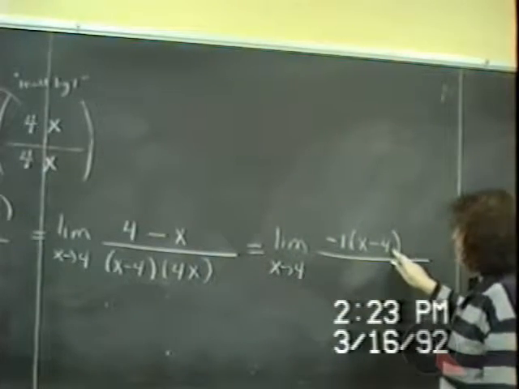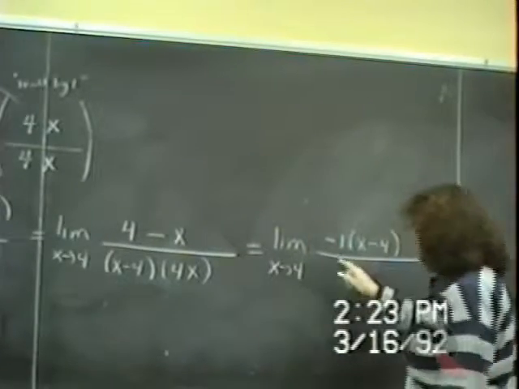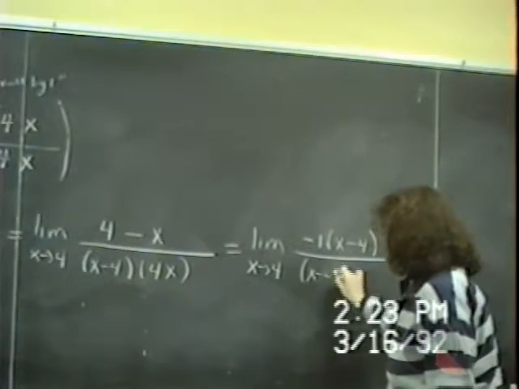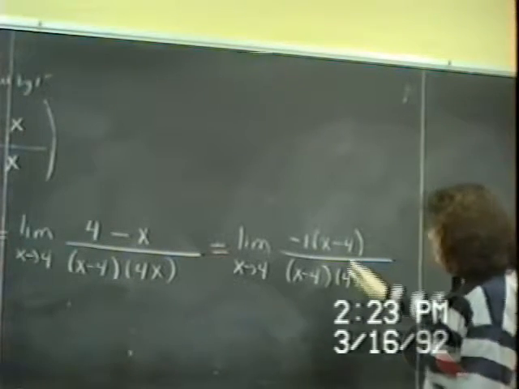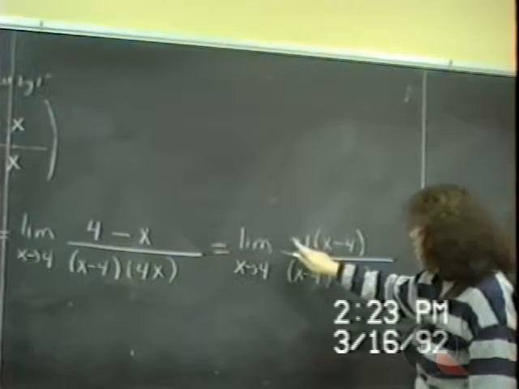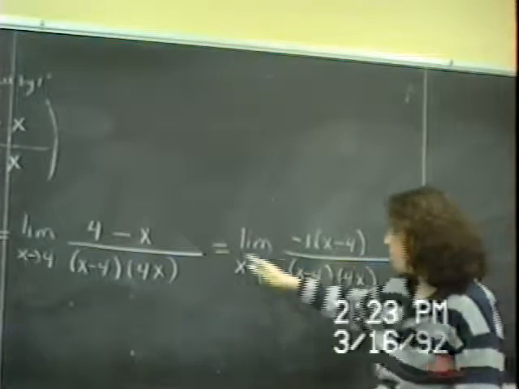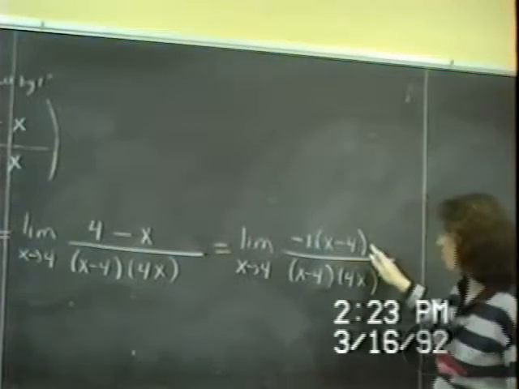Minus 1 times minus 4 is plus 4. So we have minus x and plus 4. Then things would look a lot better. Minus 1 times x plus minus 1 times minus 4 is minus x plus 4. So that's equivalent to that.